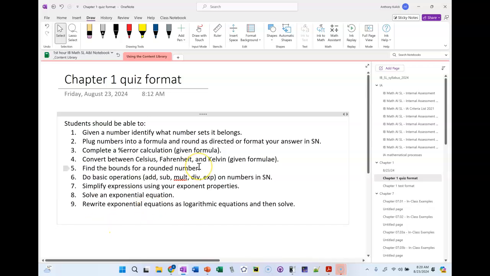And the last two questions, you should be able to solve exponential equations and or rewrite an exponential equation as a logarithmic equation and then solve it.